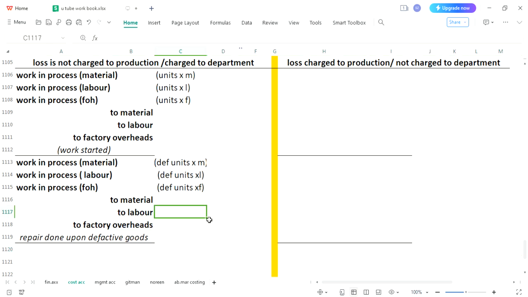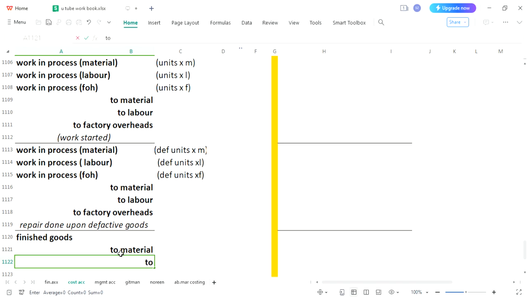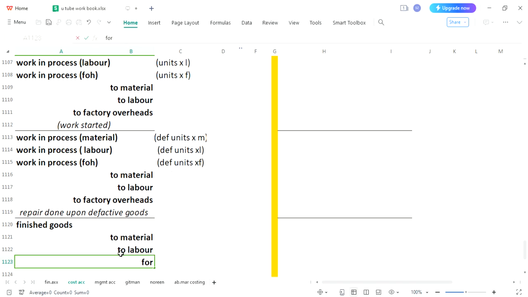Now the third part is this: you started a number of units, some were damaged and you have repaired them, and finally you will see how many units are present in your finished goods. For finished goods, the same entry which we have seen in spoiled goods: material, labor, and finally factory overheads.